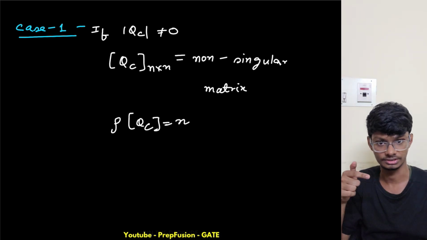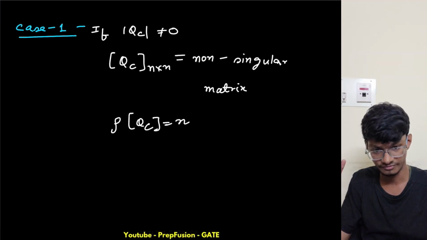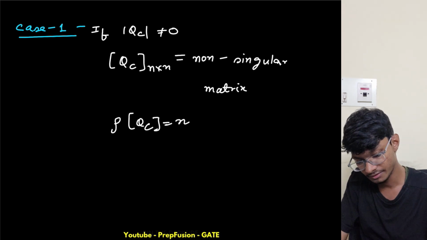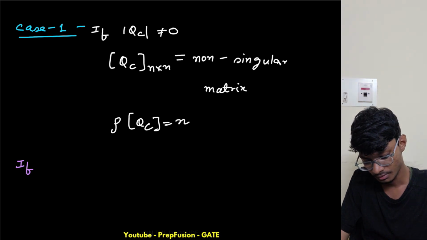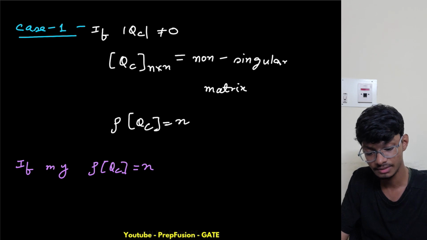Now I'm going in the reverse direction. I told you the proof of how this came. Now I will go in the reverse direction. If the rank of QC equals n, then what does this imply?